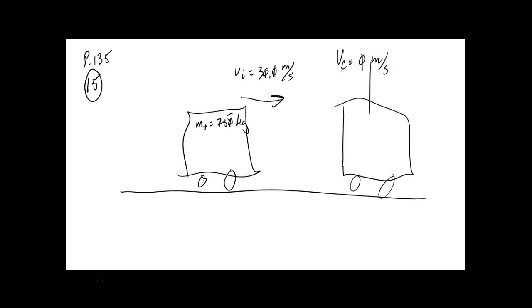Now, this is a little bizarre on this problem. The force is in the opposite direction because it's changing the velocity. So the tires and the road are pushing in this way.